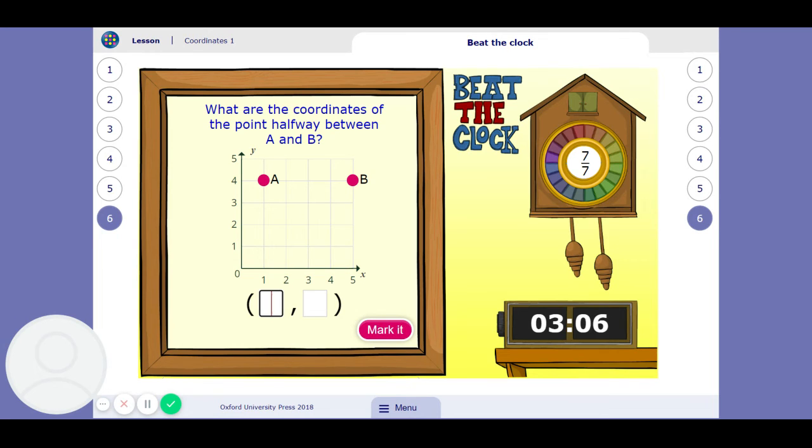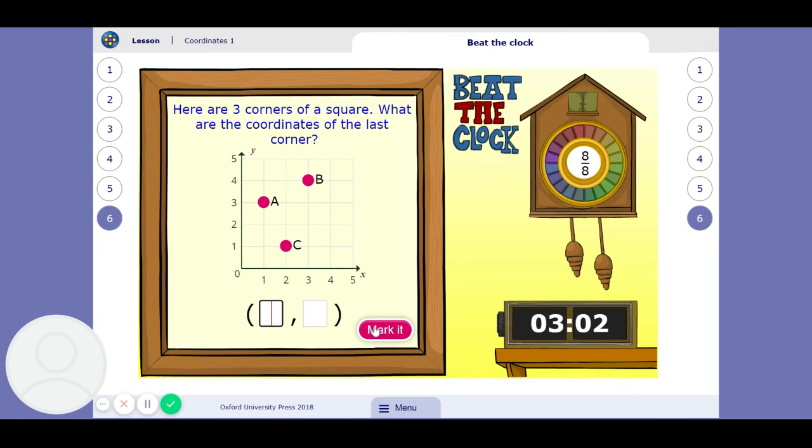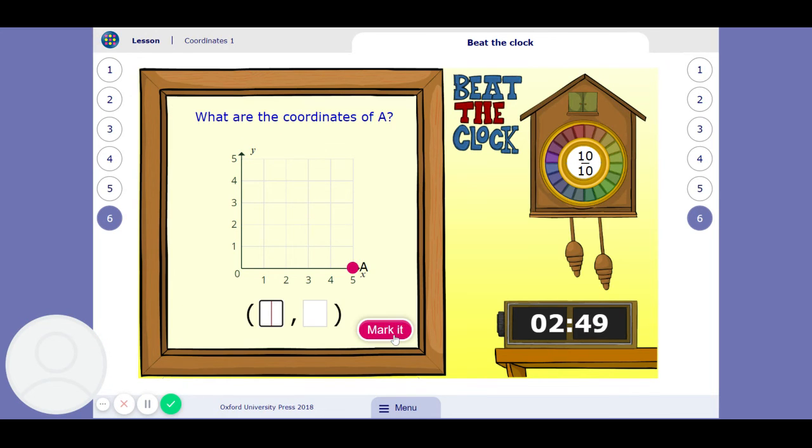Halfway between is going to be 3 across and 4 up. Last corner of the square is going to be this one here, 4 across and 2 up. Halfway between is 3 across and 3 up. Coordinates of A, 5 across and none up.